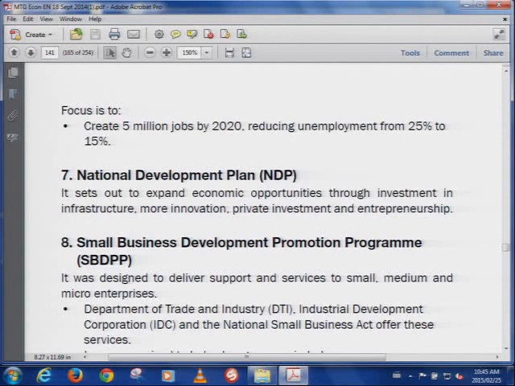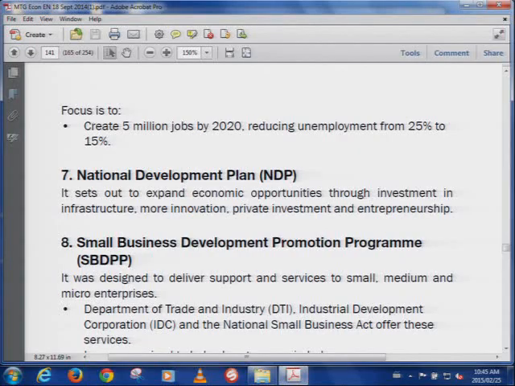The focus of this National Growth Path was to create about 5 million jobs by the year 2020, reducing unemployment from 25% to 15%. I would say it's an ambition that the government has with this one. But when we look at what is happening in the economy, the government wanted to create about, I think, 1 million jobs a year.